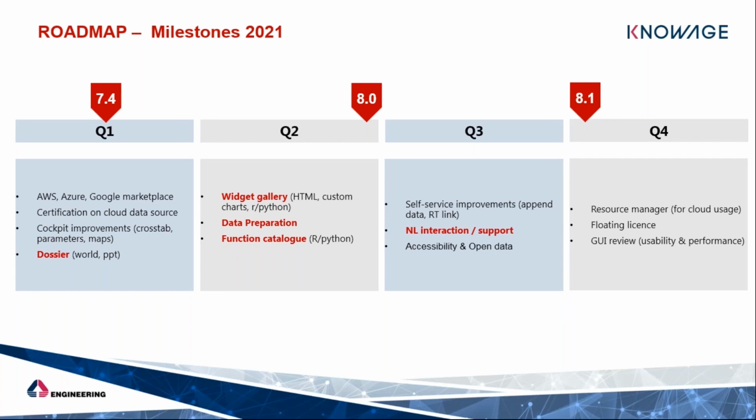The gallery first, and the function catalog, and a first version of the data preparation tools. And then in Q3, we'll work on other general improvements in the self-service, and we'll also close and release the natural language integration and support component.